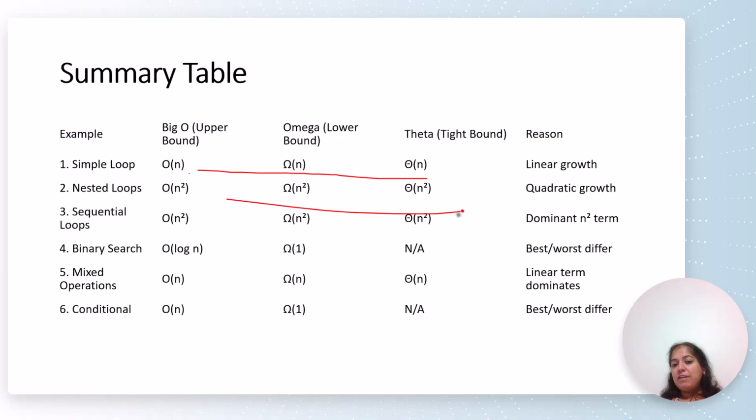Nested loops all have n square, sequential loops all have n square. For binary search, big O is log n, omega is big O of 1, and theta does not exist for this. For mixed operations, it may be n, n, n. For conditional, it will be n, 1, not applicable. So these differ.